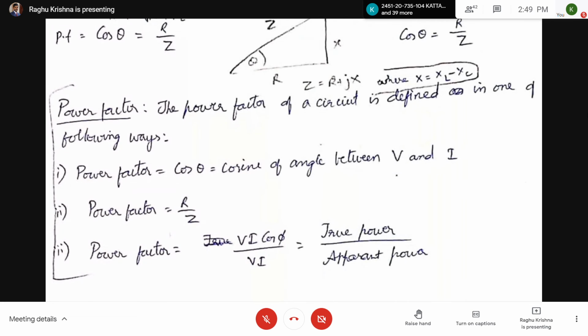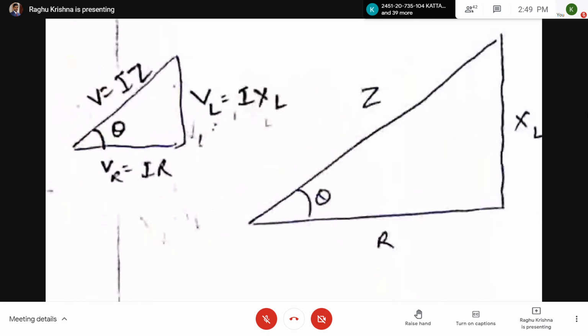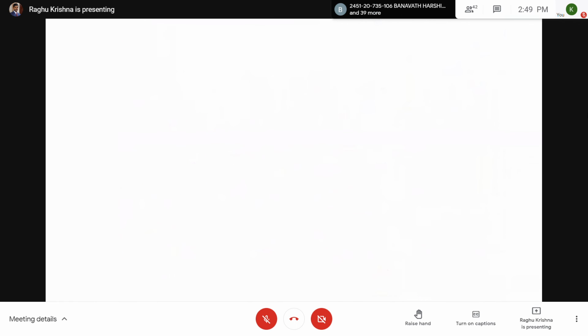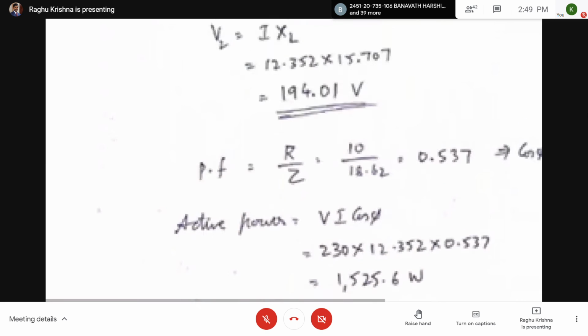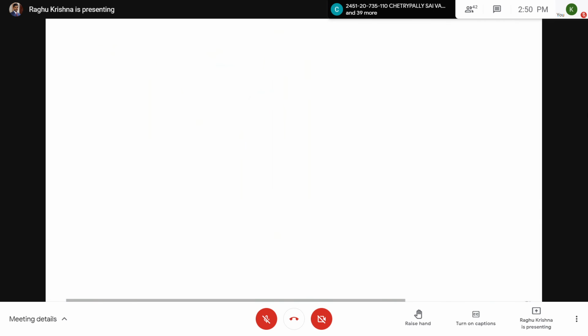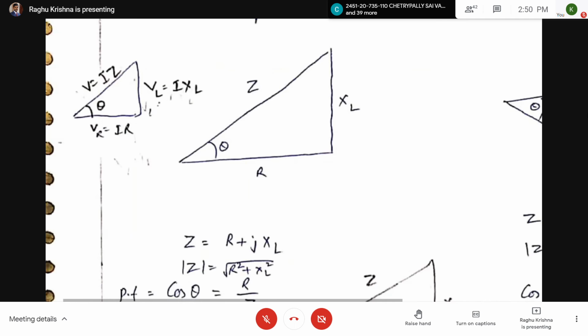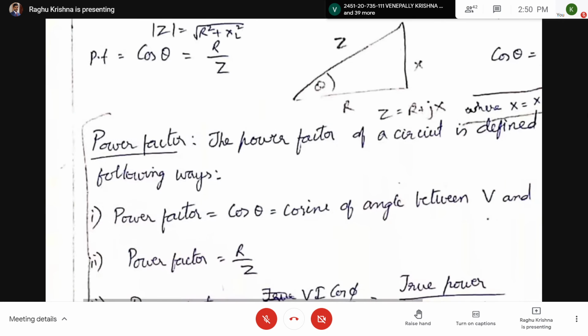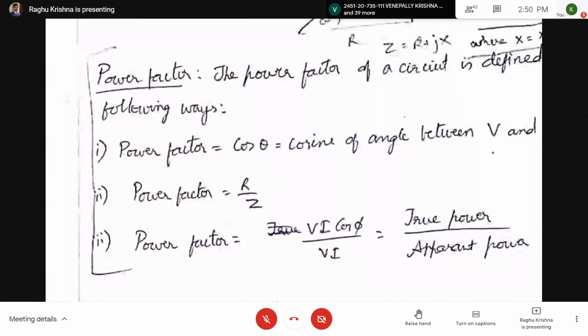The second one, power factor equals R by Z. Just now we have seen power factor is equal to R by Z.